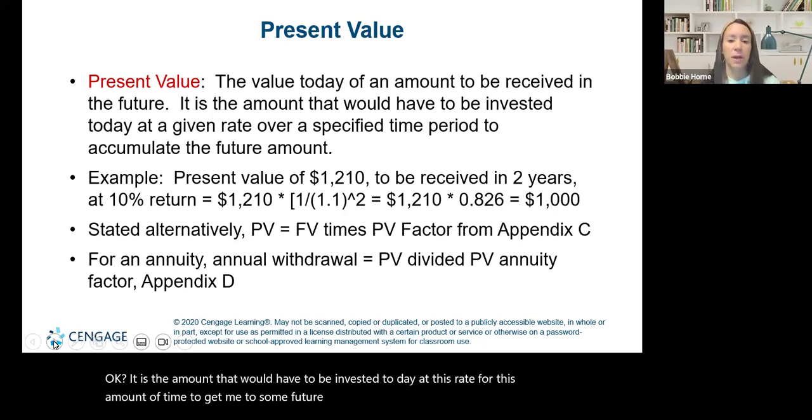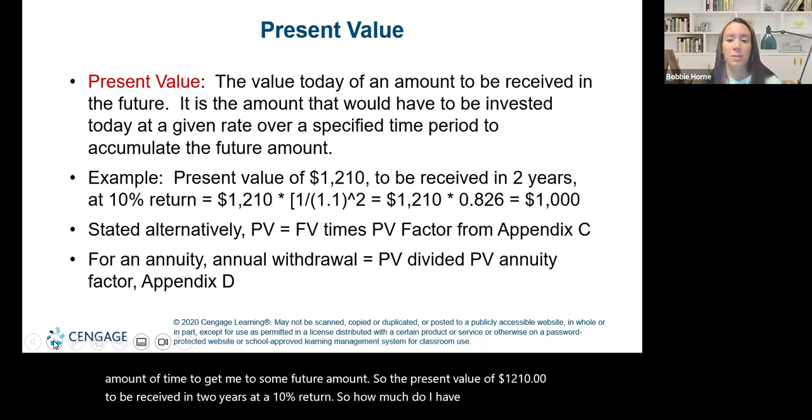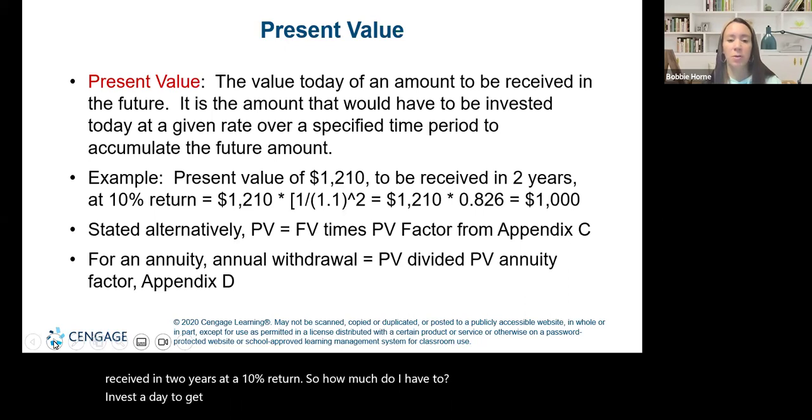So the present value of $1,210 to be received in 2 years at a 10% return. So how much do I have to invest today to get it to grow to that? So what you do is you do 1 divided by 1.1 to the second.